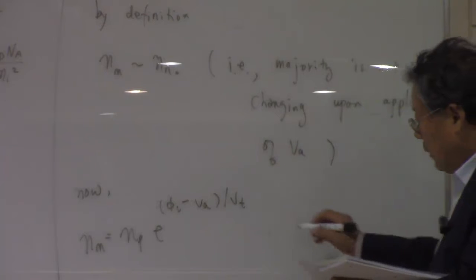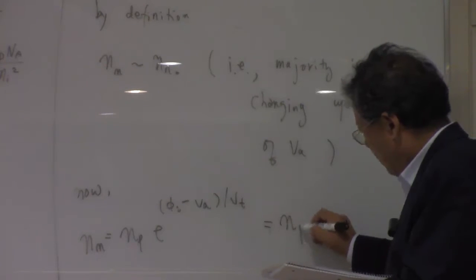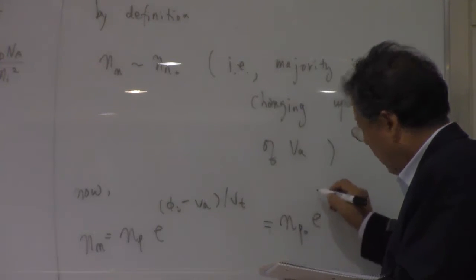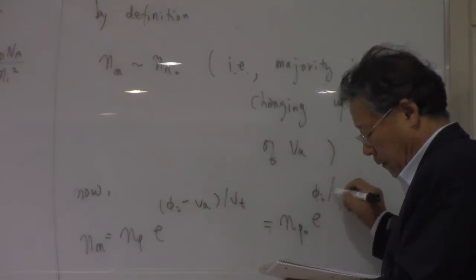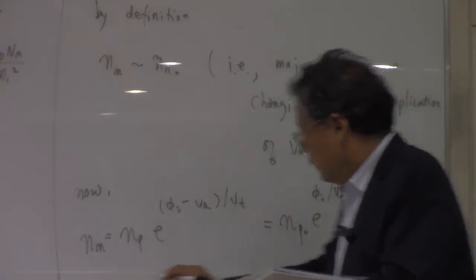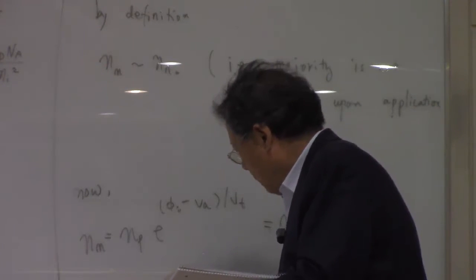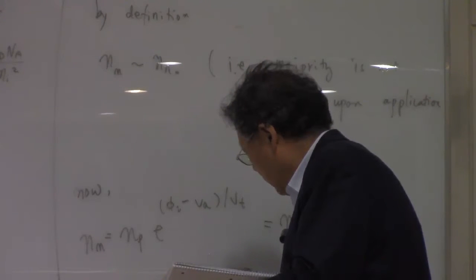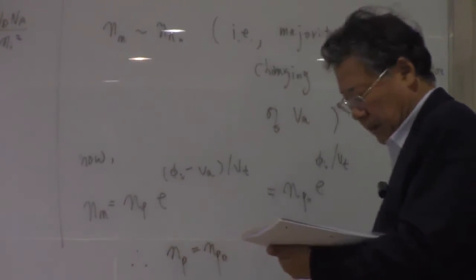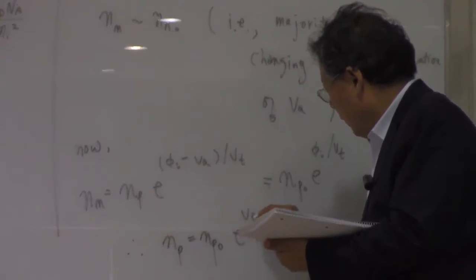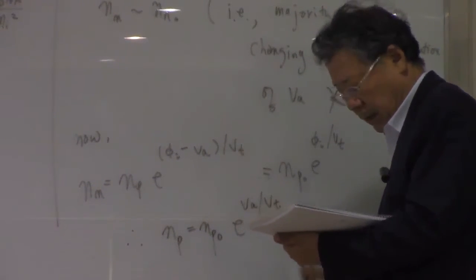Right? And this is n_p0 e to the phi_i over Vt. So n_p is equal to n_p0 e to the Va over Vt.